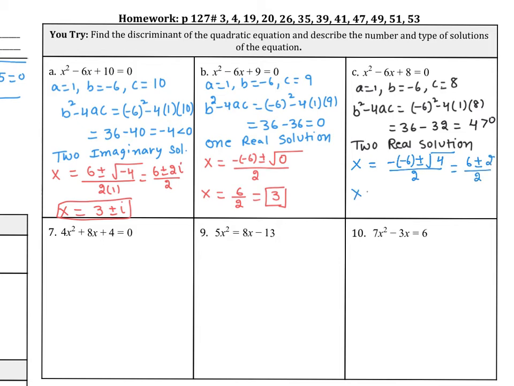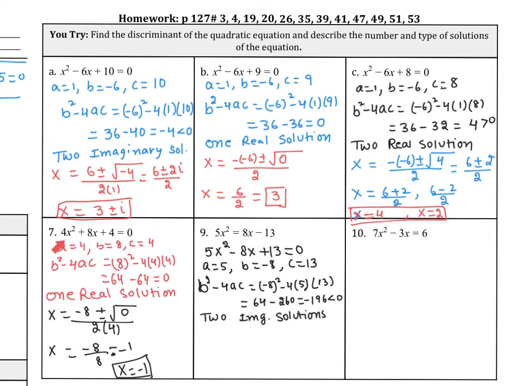Now you're going to have two solutions: one is 6 plus 2 divided by 2, and the other is 6 minus 2 divided by 2. So here you get 8 divided by 2, so the answer is 4. 6 minus 2 is 4, divided by 2, so the answer is 2. So x equals 4 and x equals 2.